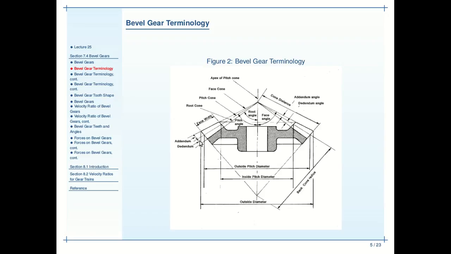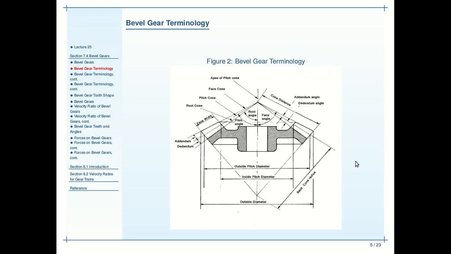The addendum and the dedendum separately have, and they're shown over here, an addendum angle. So the addendum angle is the angle between the face cone and the pitch cone. The dedendum angle is the angle between the root cone and the pitch cone.